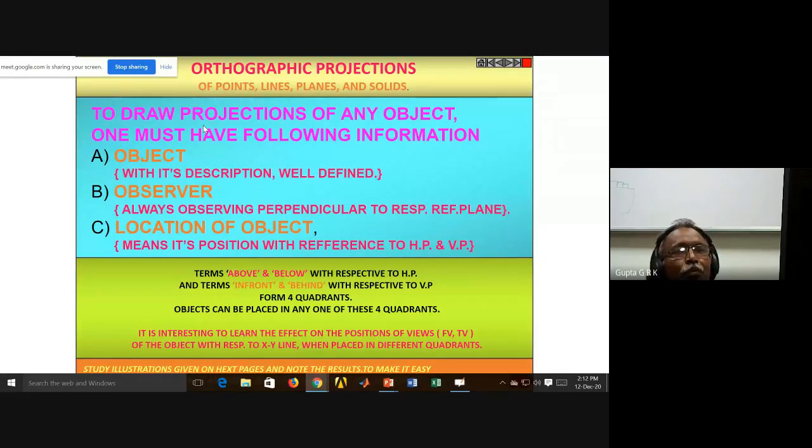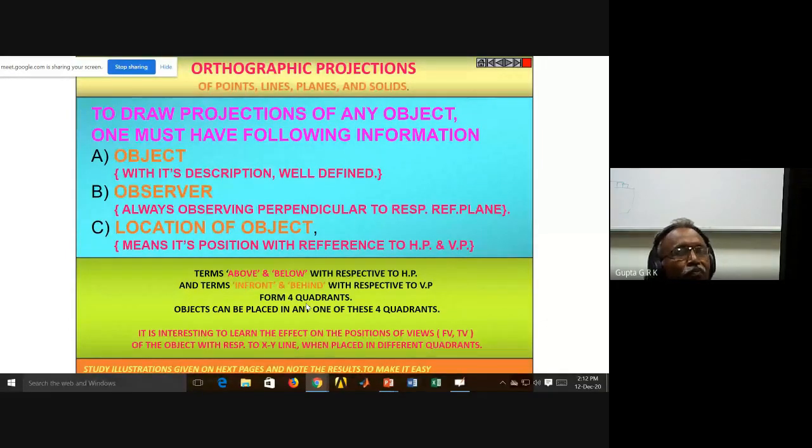Normally with respect to HP we will say whether it is above HP or below HP. With respect to the vertical plane it can be in front of or behind. So this is the terminology we use: above HP or below HP, in front of VP or behind VP, and form 4 quadrants. Objects can be placed in any one of these 4 quadrants.